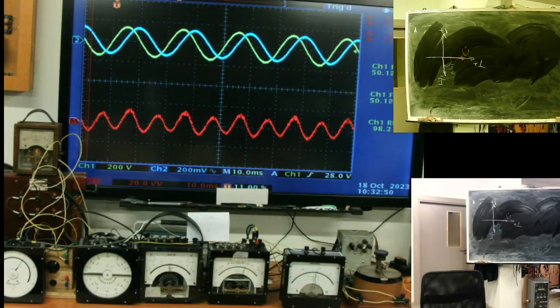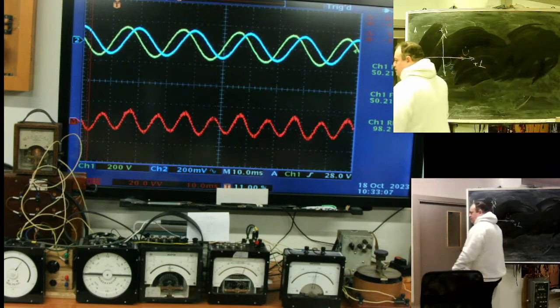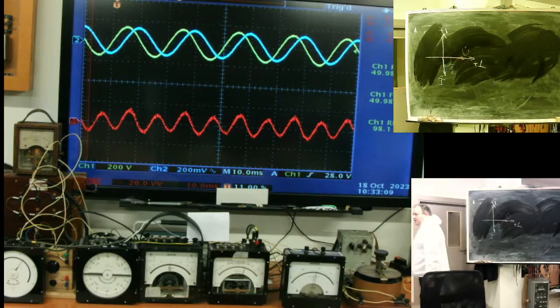Coil. It's a coil. A coil can store energy in its magnetic field. Coil has inertia. Inertia slows the current, so current is lagging relative to voltage.